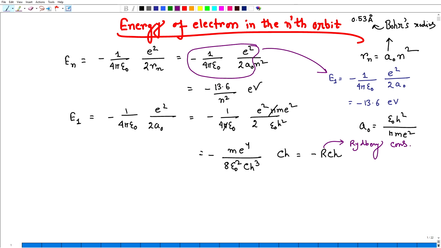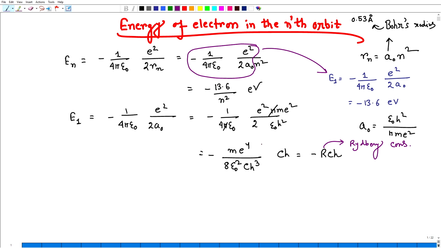Why have we done this? Because E is the energy, and the unit of energy is joule, but to convert it into centimeter inverse or meter inverse, that means from energy to wave number, we did this trick.